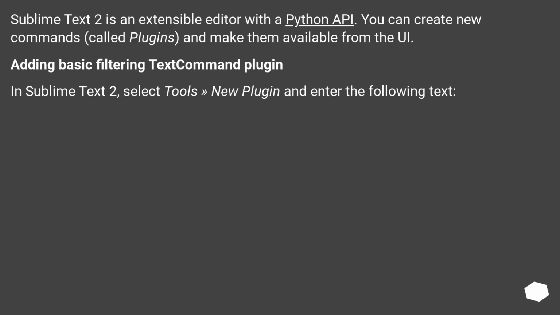Sublime Text 2 is an extensible editor with a Python API. You can create new commands, called plugins, and make them available from the UI. Adding a basic filtering text command plugin.